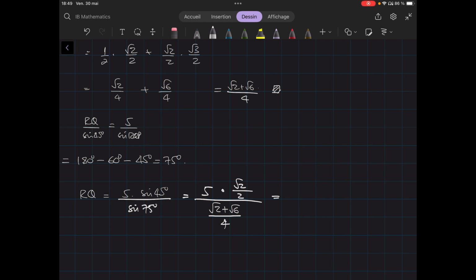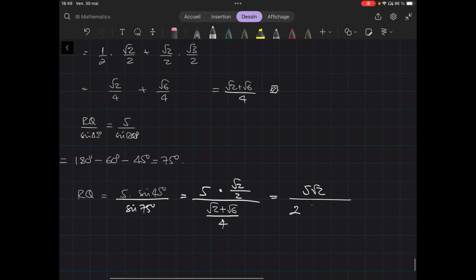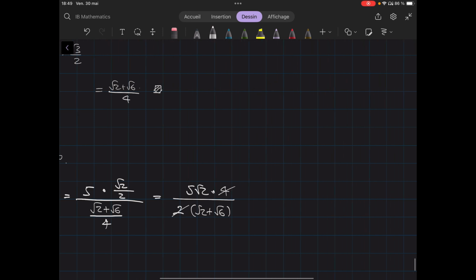Okay, so upstairs we have 5 root 2. That 2 can be shoved downstairs. Root 2 plus root 6 will stay downstairs. That 4 can be shoved upstairs. Cancel, cancel. You are now down to 10 root 2 divided by this.